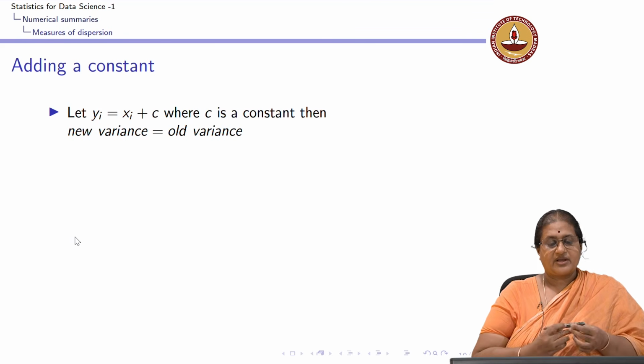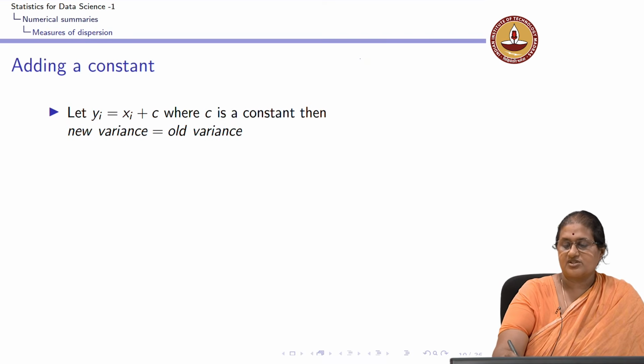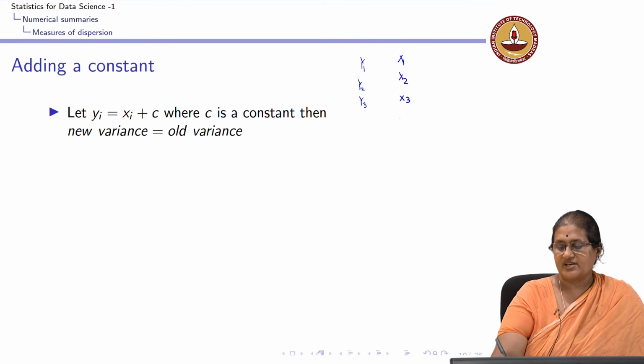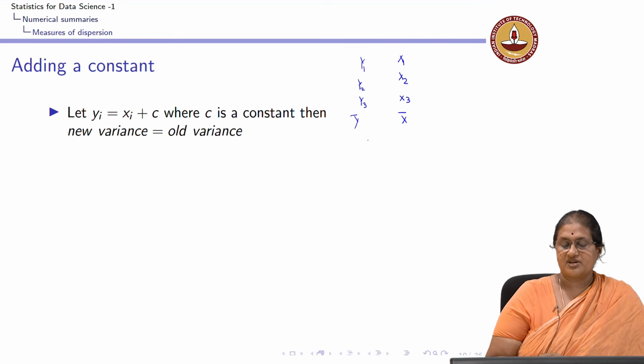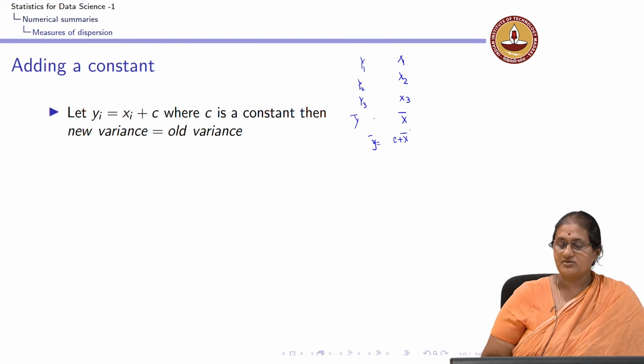I have yi is xi plus c, where c is a constant. Again, let me just look at three numbers, y1, y2, y3, and x1, x2, x3. X bar is the mean of these three numbers, and y bar is the mean of the new three numbers. We have already seen that y bar is c plus x bar.